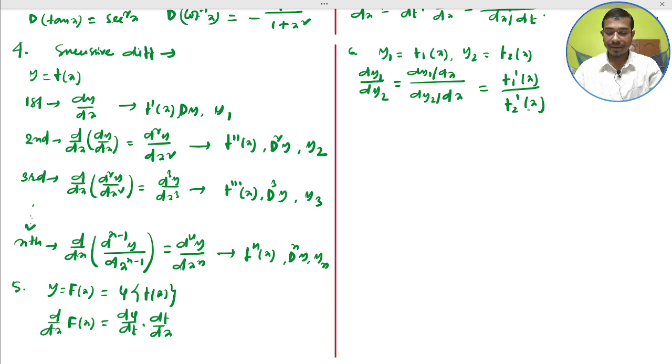Next, nth derivative of some elementary functions, very important for JEE Advanced.